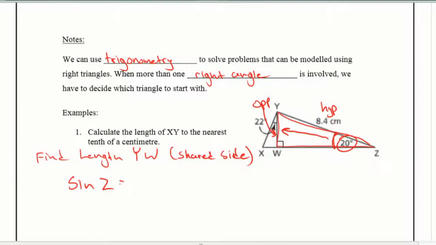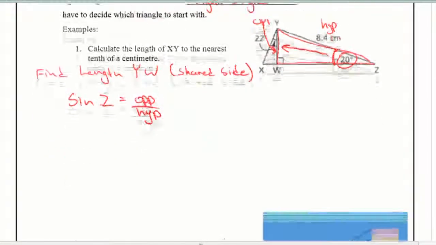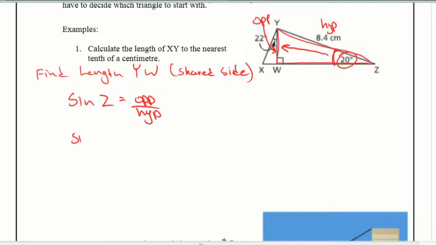The sine of angle Z is the length of the opposite divided by the length of the hypotenuse. The angle Z is 20 degrees. The length of the opposite I don't know, so I can call it YW, and the hypotenuse is 8.4.